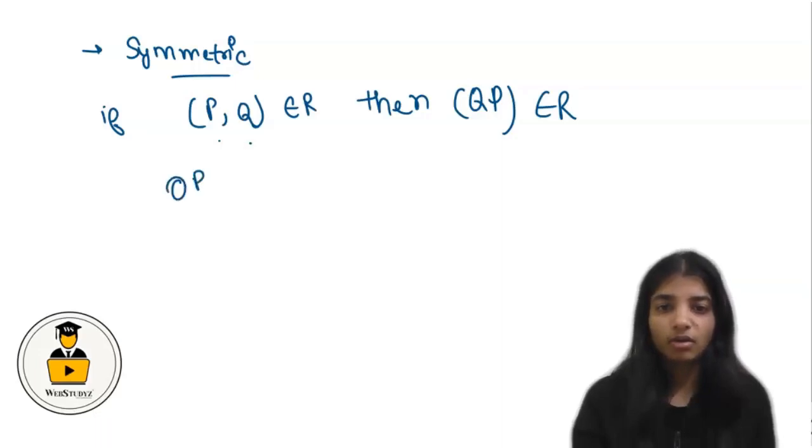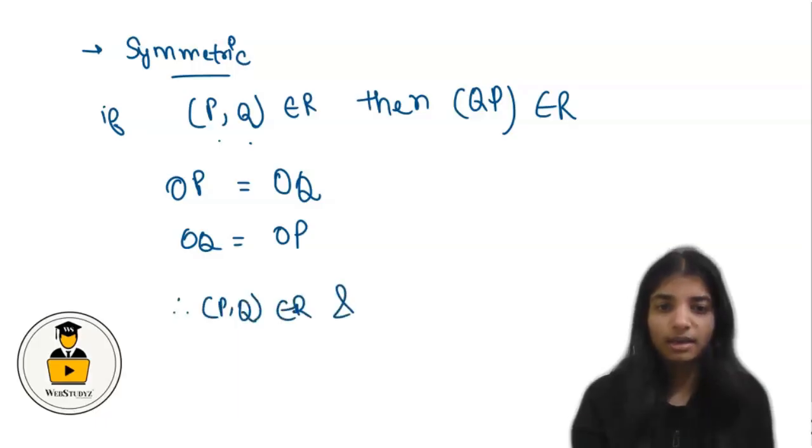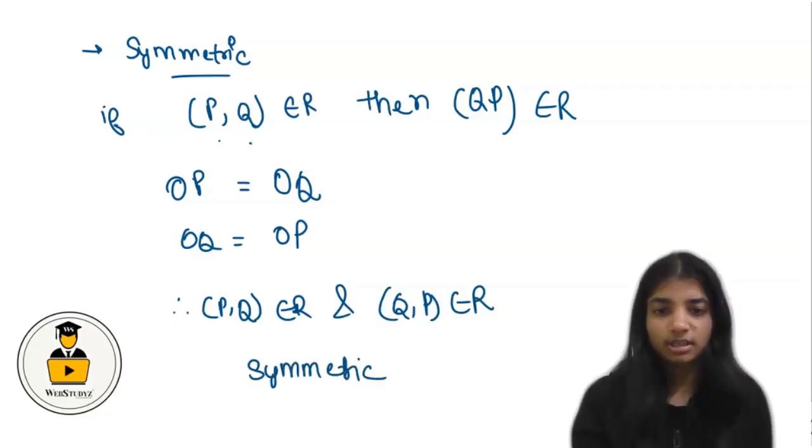So OP equals OQ. If OP equals OQ, then we can write this as OQ equals OP. Therefore (P, Q) belongs to R and (Q, P) also belongs to R. Hence the relation is symmetric.